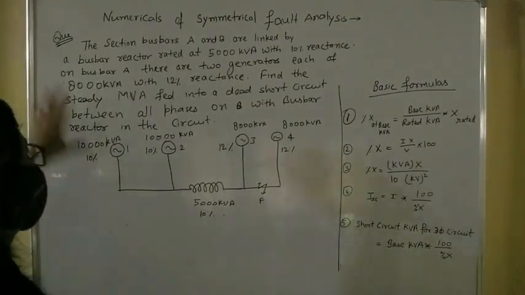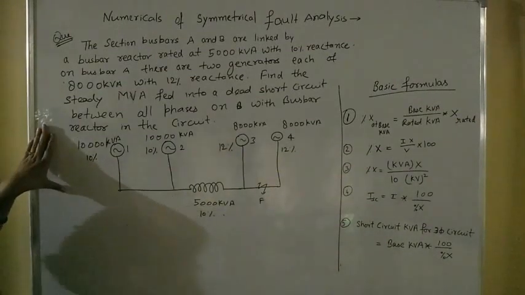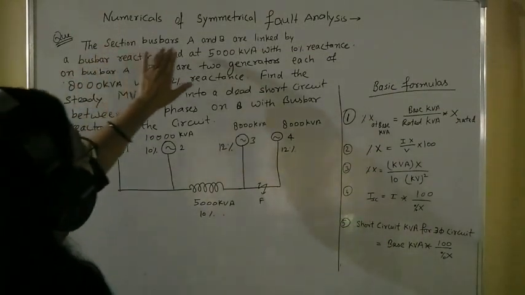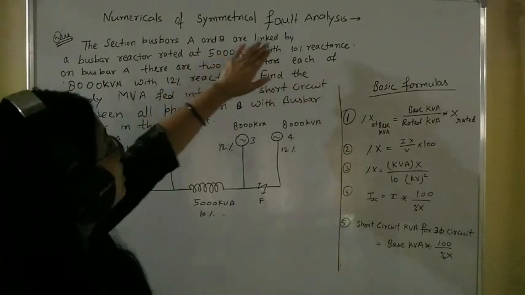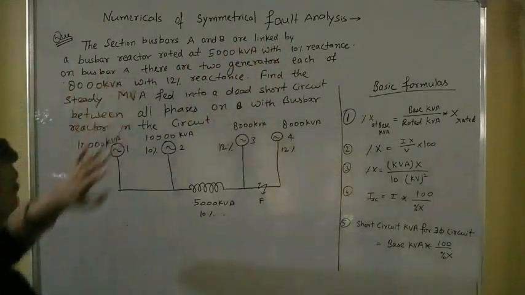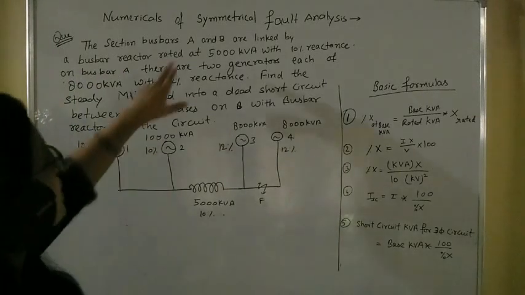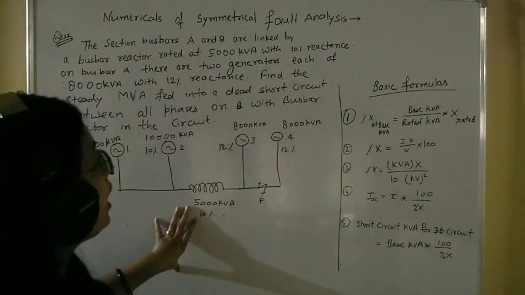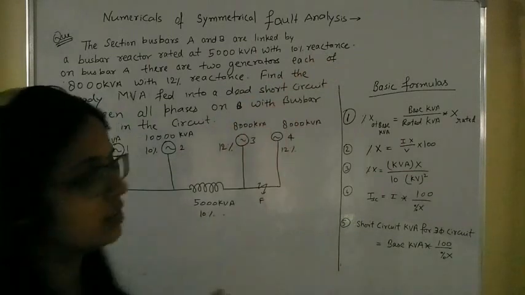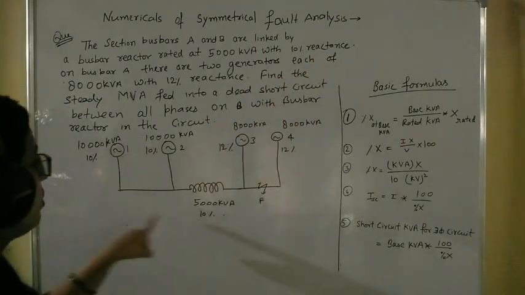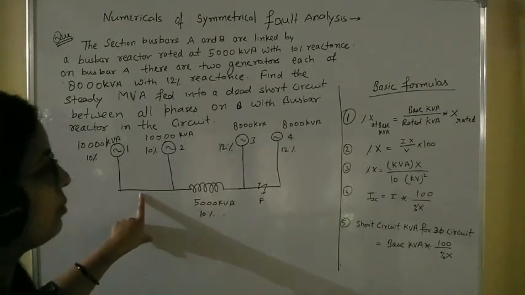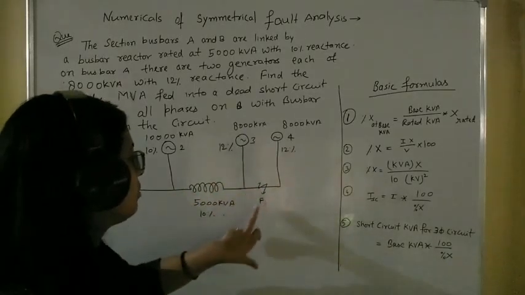Now we will come to this numerical. The numerical is saying the section bus bars A and B are linked by a bus bar reactor that is rated at 5000 kVA and 10% reactance. So there are two bus bars. One is bus bar number A, and this is the second bus bar.